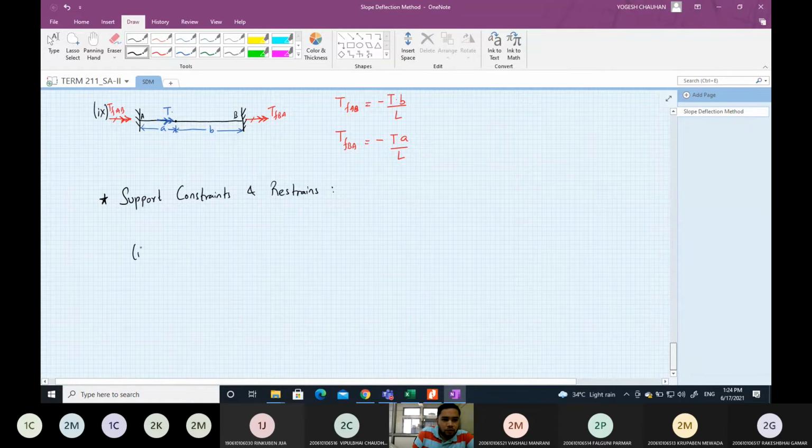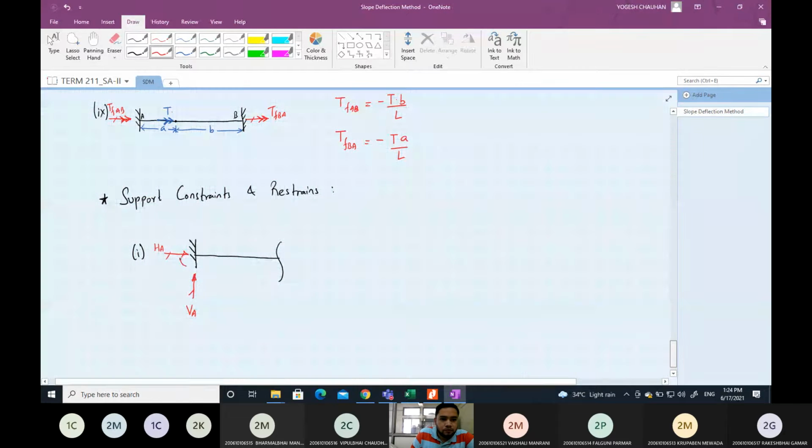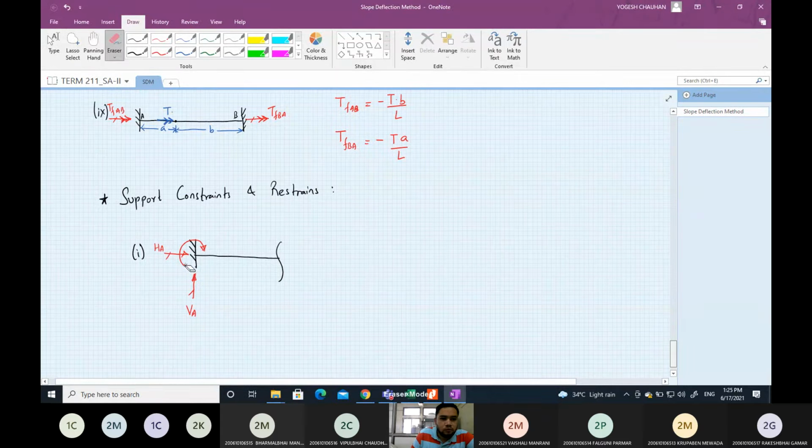The first support is, let us say, fixed support. So this fixed support will offer a vertical reaction, let us call this VA, a horizontal reaction, let us say HA, and the moment MA. So all these are the restraints.